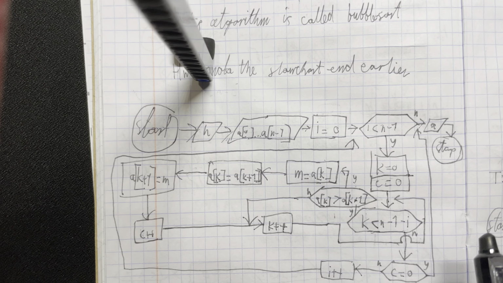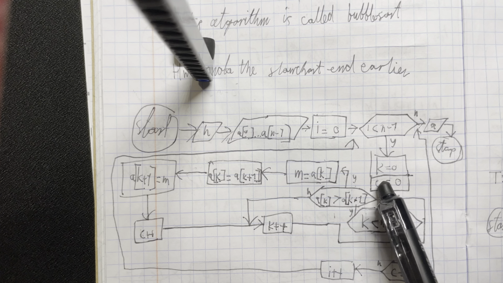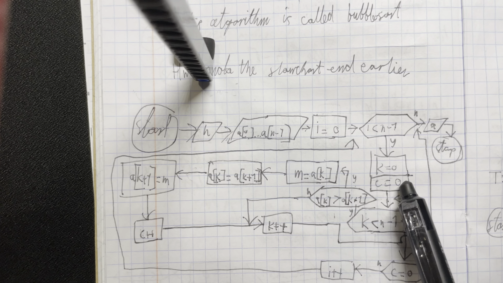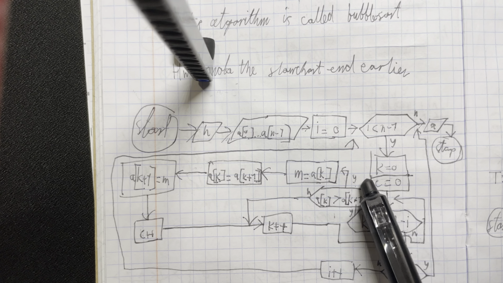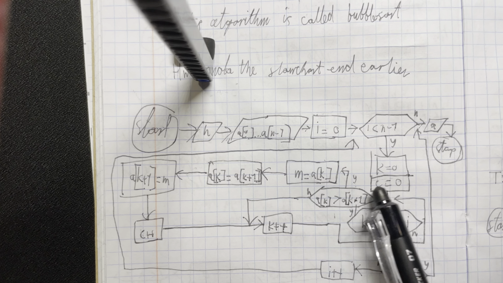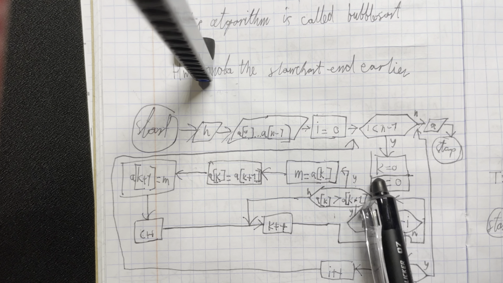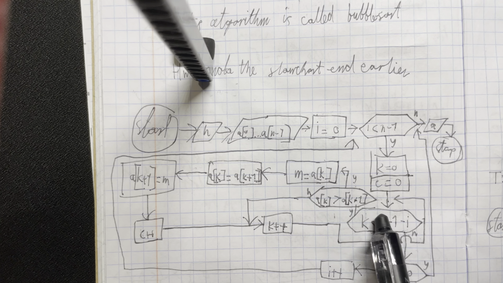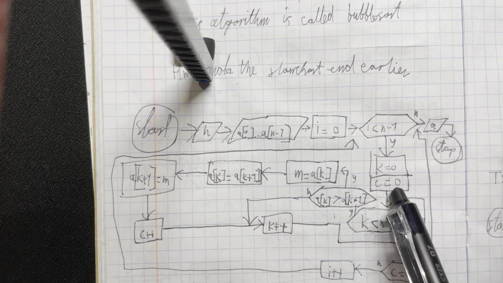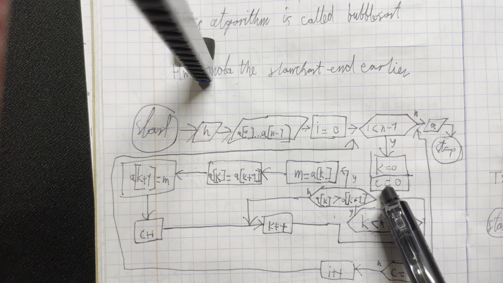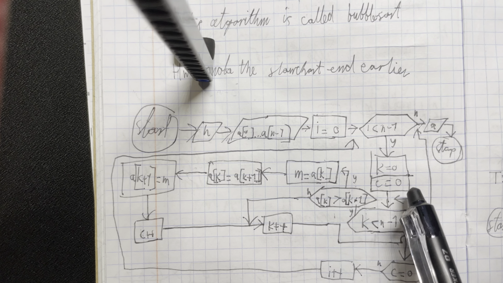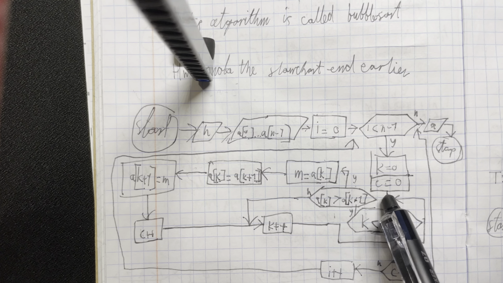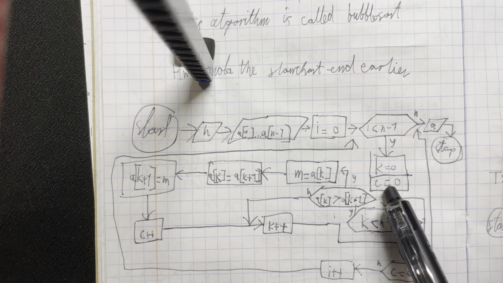And we do this by having another variable every time we enter the inner loop. So at the same time as k, we have this set to 0, because this C stands for counter. And what we are counting is if we are making swaps.